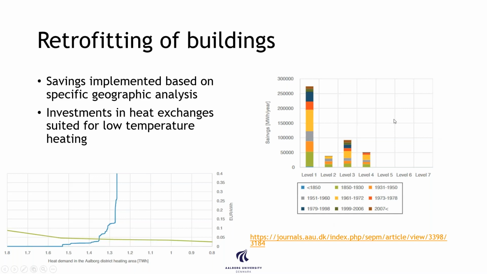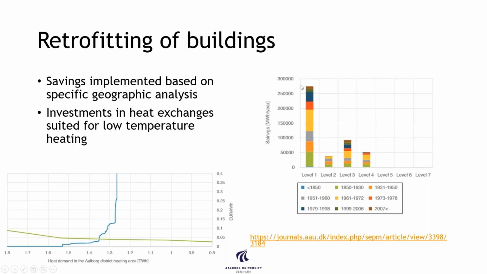And you can see over here that we had these 7 levels of saving steps, where these are basic renovations, and then these become new windows, new cavity wall insulation in level 2, new windows in level 3, and then actually first level 4, 5, and 6 are extra renewable, extra savings.